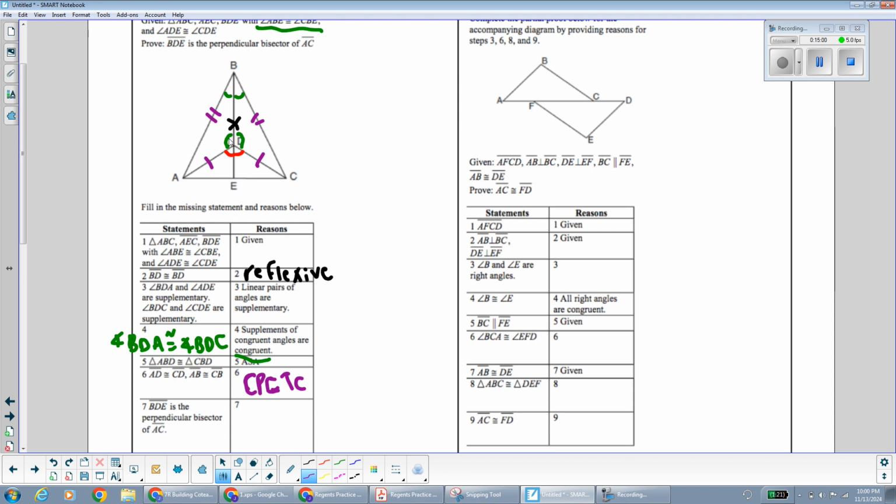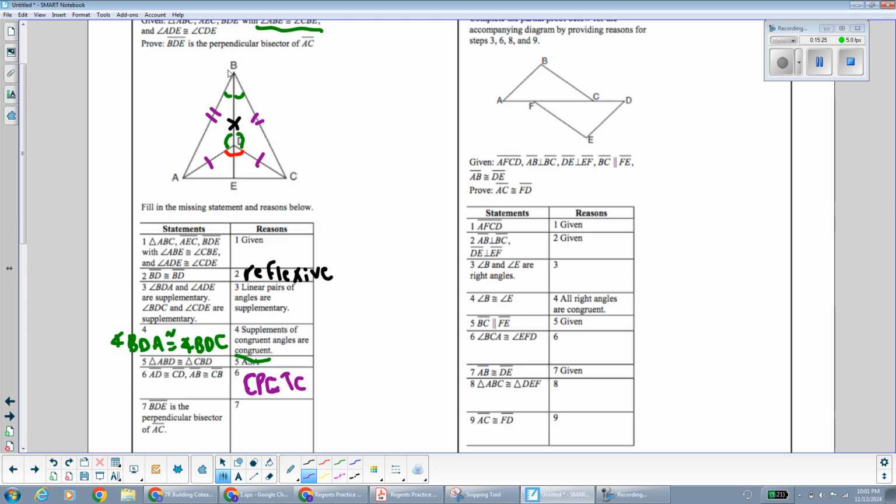And what we did is we proved that the distance from D to A and the distance from D to C are equal to each other. So we proved that this point on this line is equidistant from both the endpoints. We also proved in the previous step 6 that AB was congruent to BC.